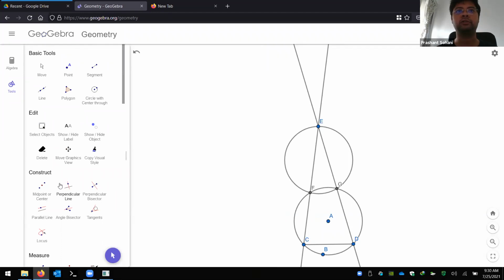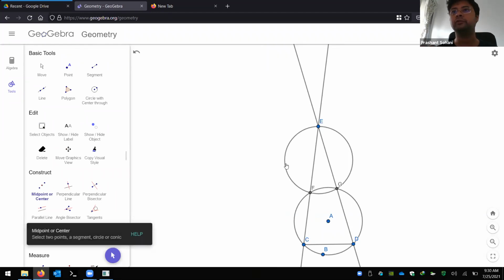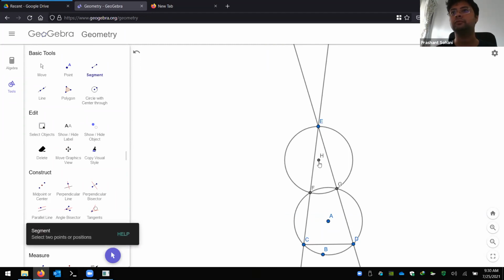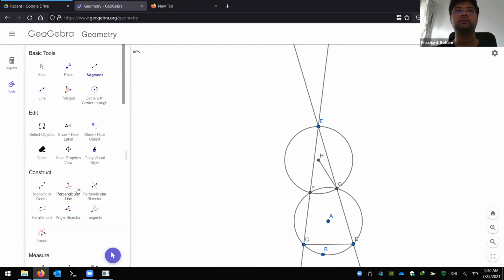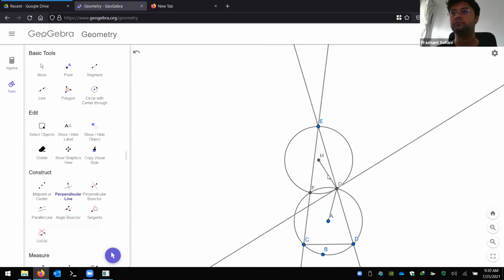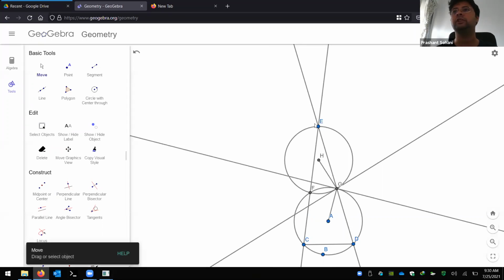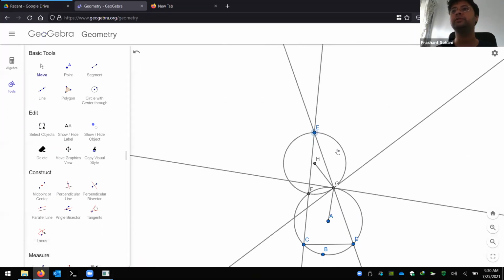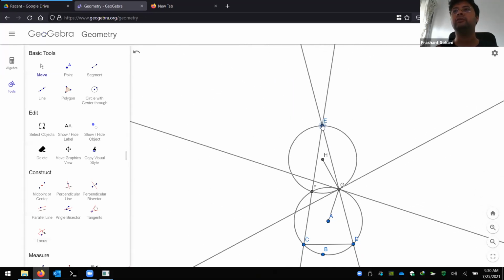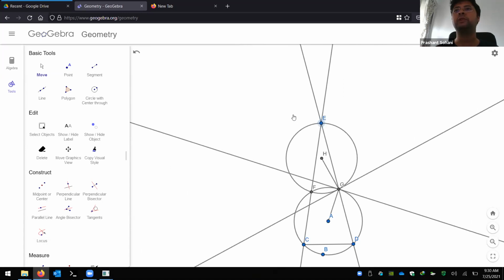So let me just draw the construction midpoint. Okay. And now let me move point E anywhere. You see the two tangents have exactly the same angle between them. So the question we asked was just a special case of this one.